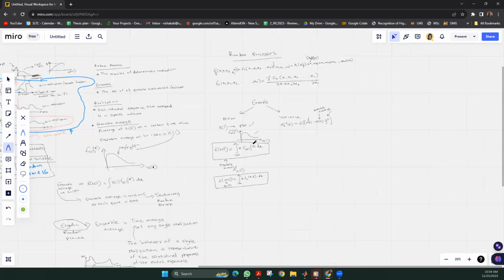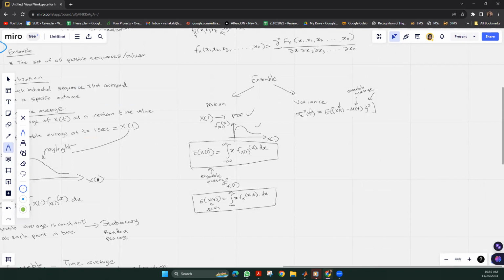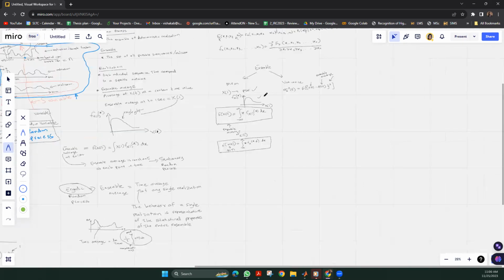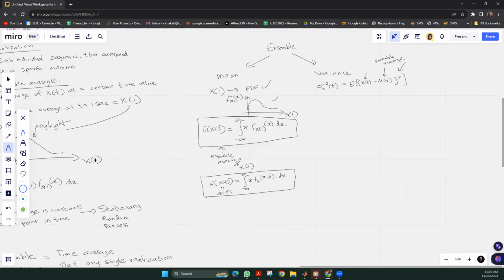Now, when we are dealing with different random variables across the time axis, we can draw the mean values that we get along the time axis. For t equals 1 second, we can obtain a certain mean value and plot that as the mean value at that time instance.